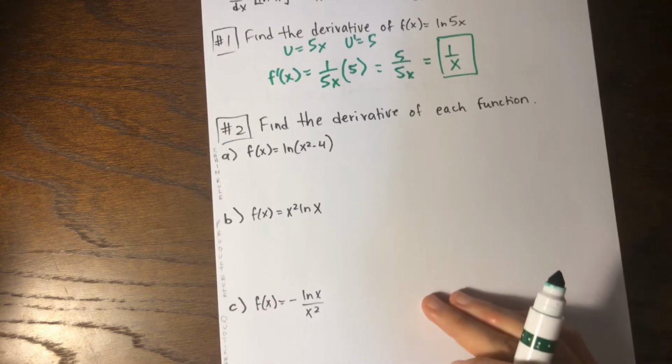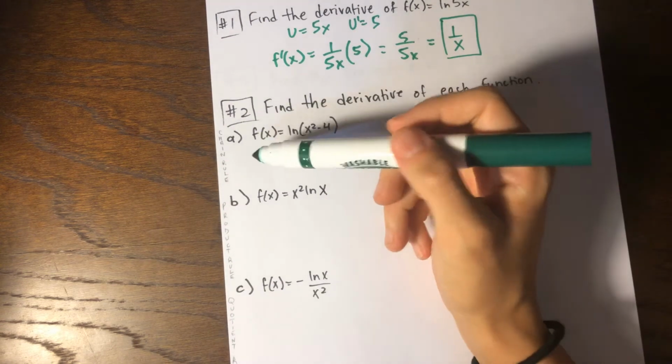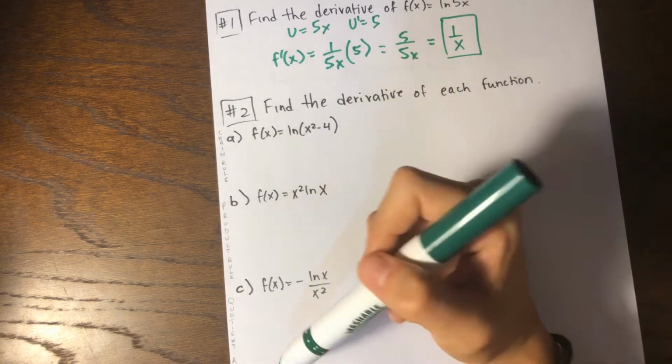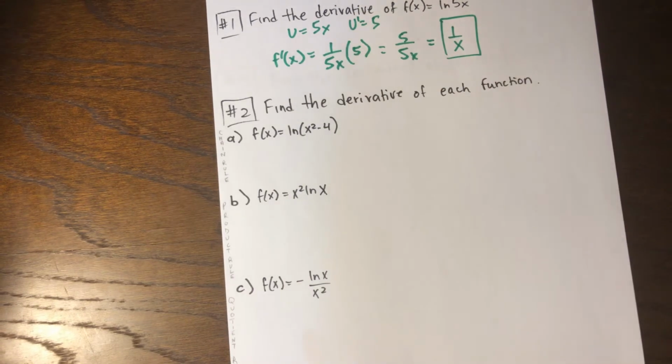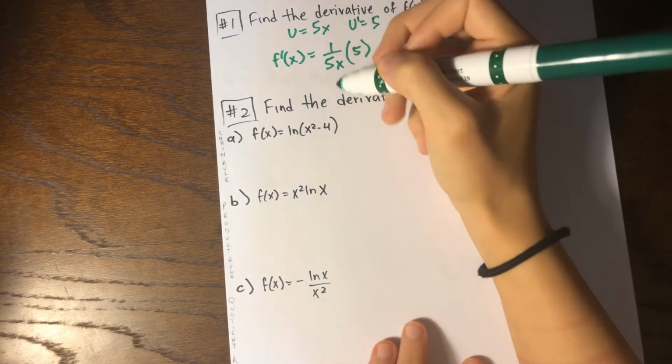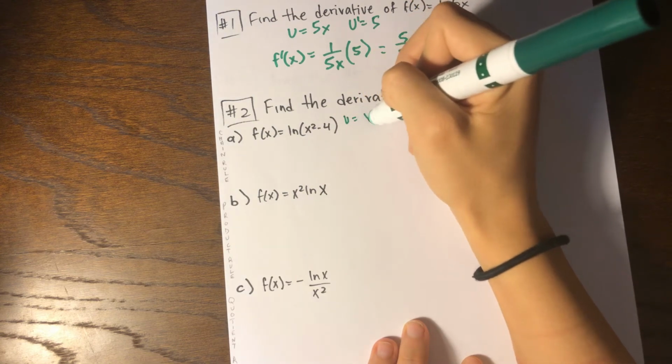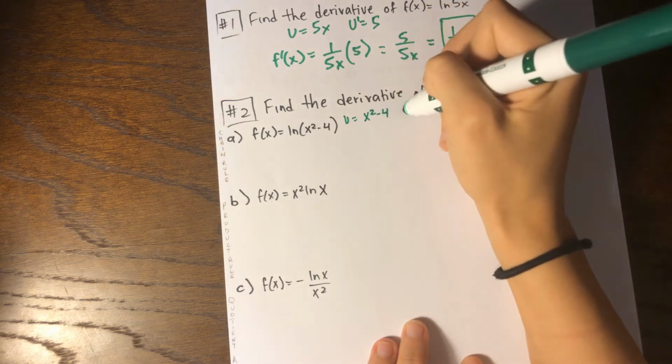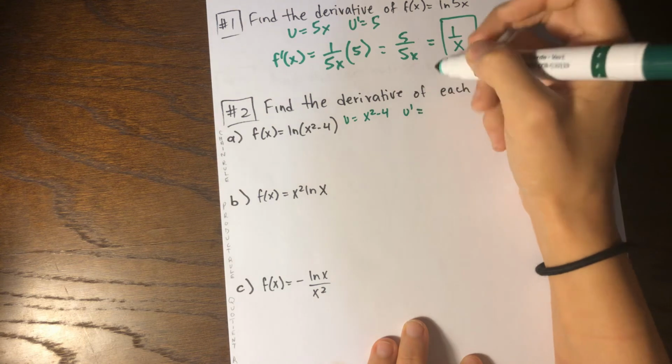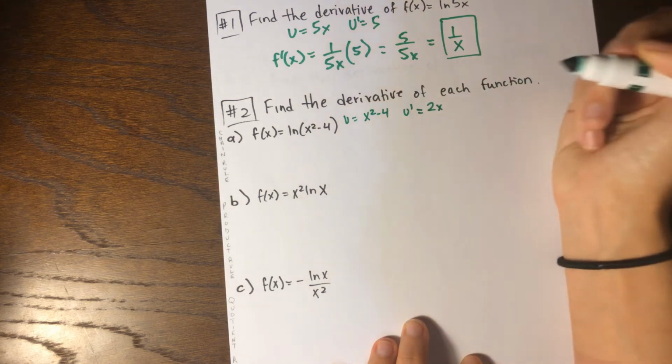Okay, the next one. For this one, we're going to be using the chain rule, this one the product rule, and this one the quotient rule. So let's do this first one. The function is equal to the natural log of x squared minus 4. So u is going to equal x squared minus 4, and the derivative of u is 2x.